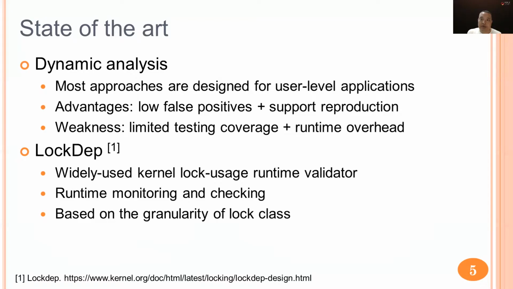A typical kernel dynamic tool is LockDep, which has been widely used in the Linux kernel. It performs runtime monitoring and checking based on the granularity of lock class, according to lock dependencies and rules.